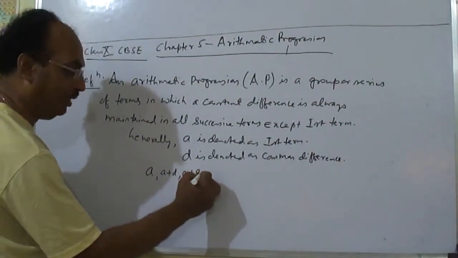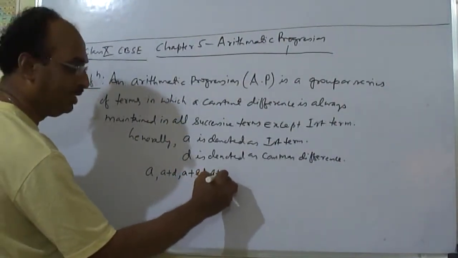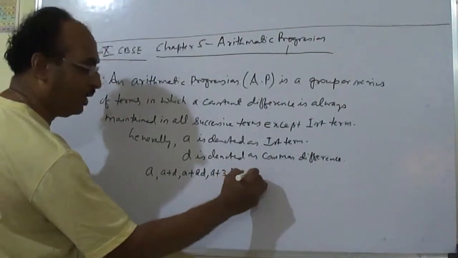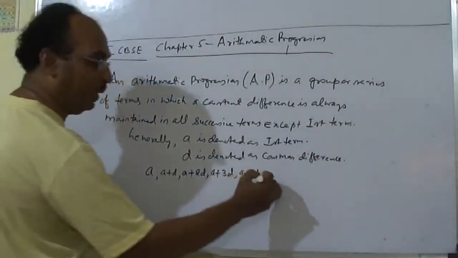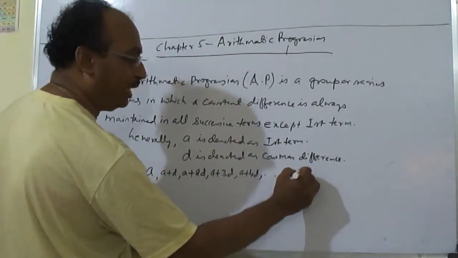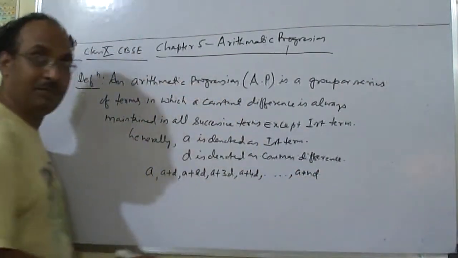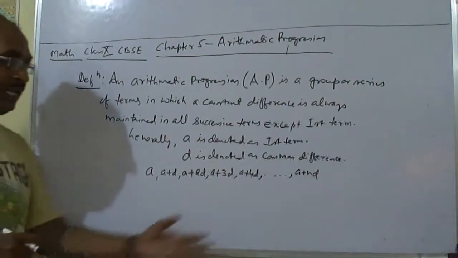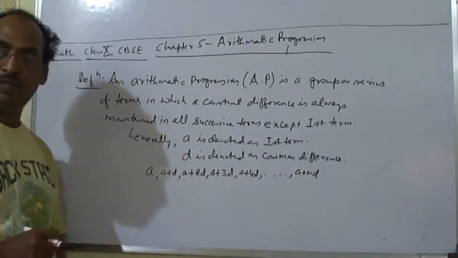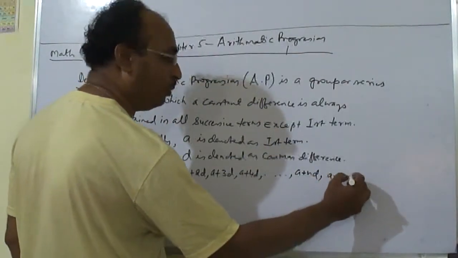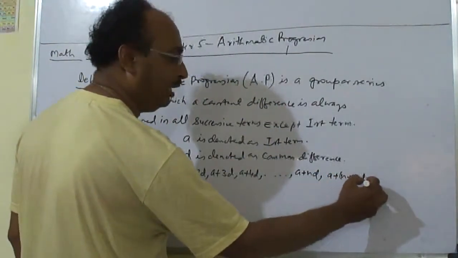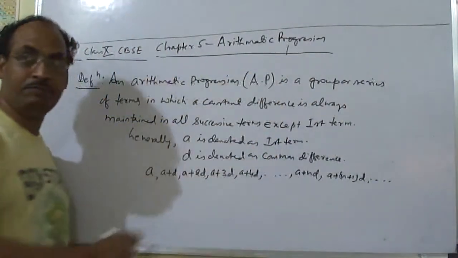Then A plus 3D, A plus 4D. If you go up to the nth term, it becomes A plus nD. Further, the n plus 1th term is A plus (n plus 1)D, and it goes on like this.